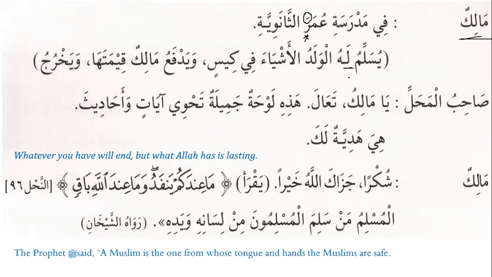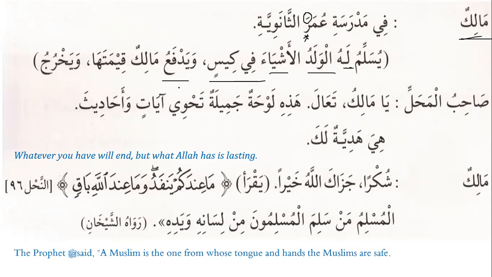Yusallimu lahu, he hands over, hu al-waladu, the boy. So the boy hands over to him al-ashya'a, the things, fi kisin, in a bag. Wa yadfa'u, and he pays. Who pays?